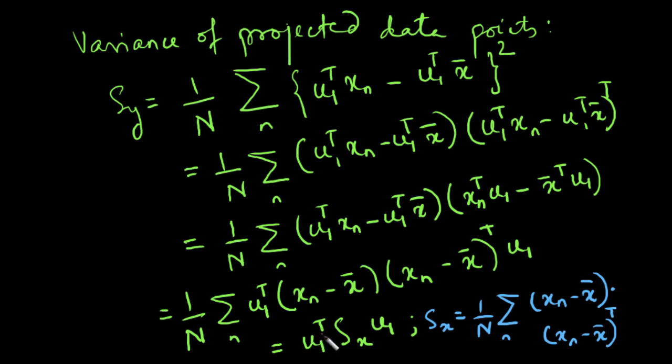So we want to find u1 such that when we do this multiplication, Sy is maximized. However, we also want to keep the magnitude of u1 fixed, because if you take u1 to be of very large magnitude, then this number is also going to go up. So keeping the magnitude of u1 fixed to unity, we want to maximize our Sy.